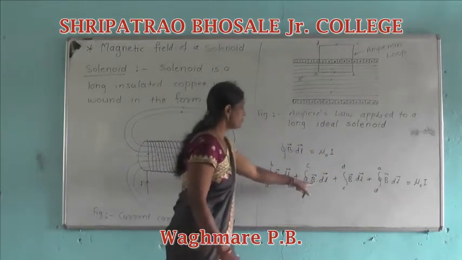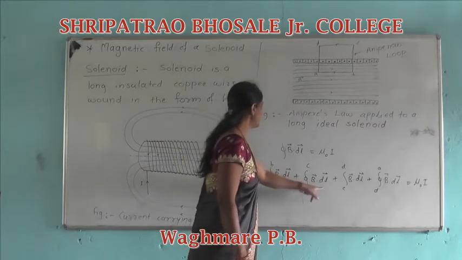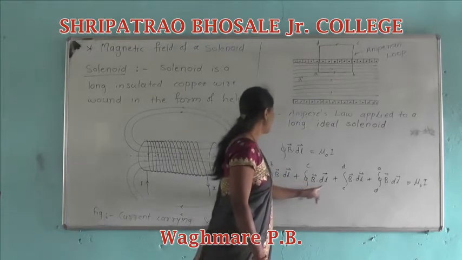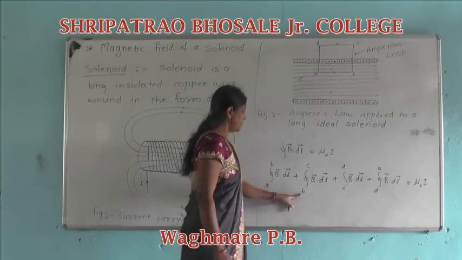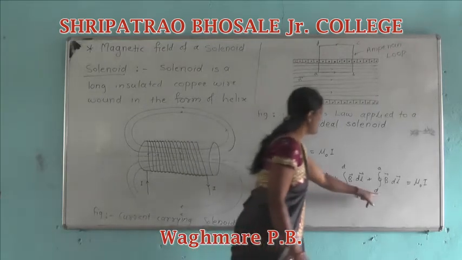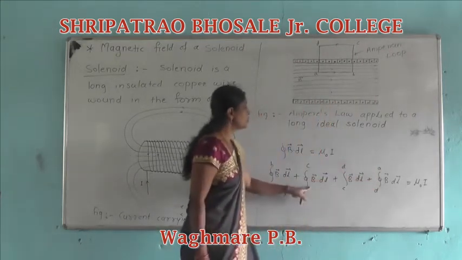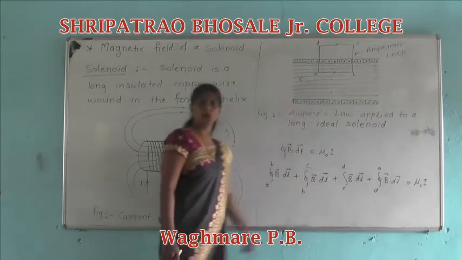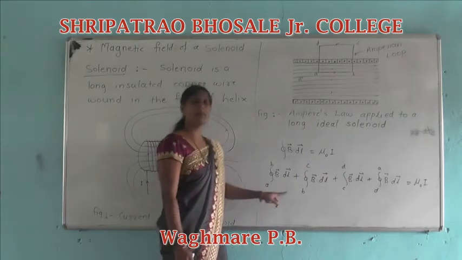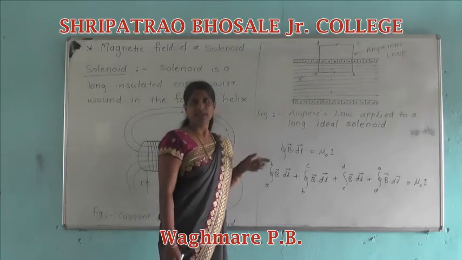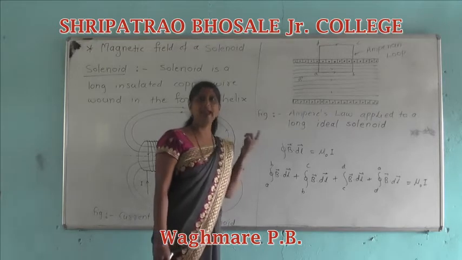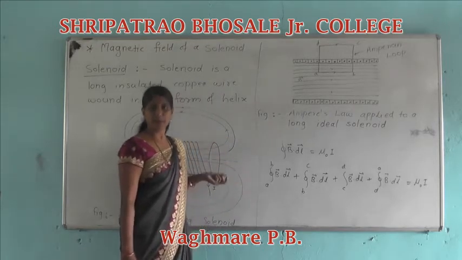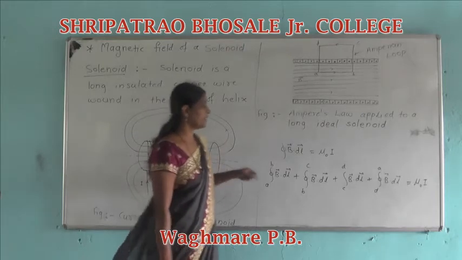That is, B into dl in the limit of B to C and in the limit of D to A, these two terms will be equal to 0 because the direction of the magnetic field and the length are perpendicular to each other.